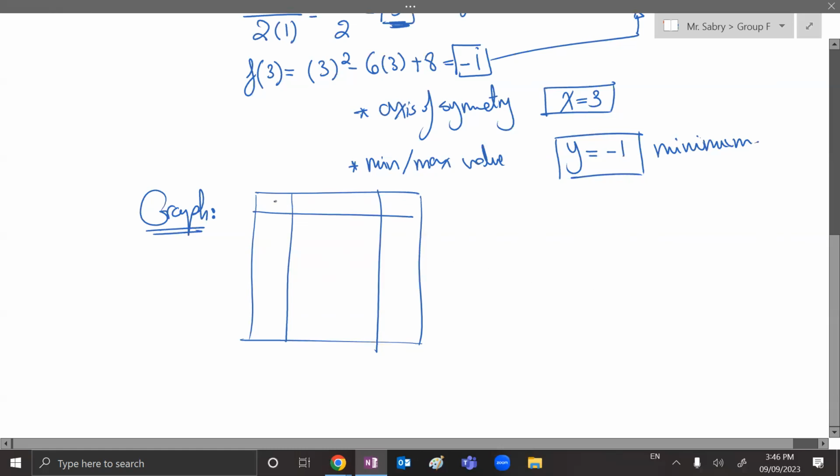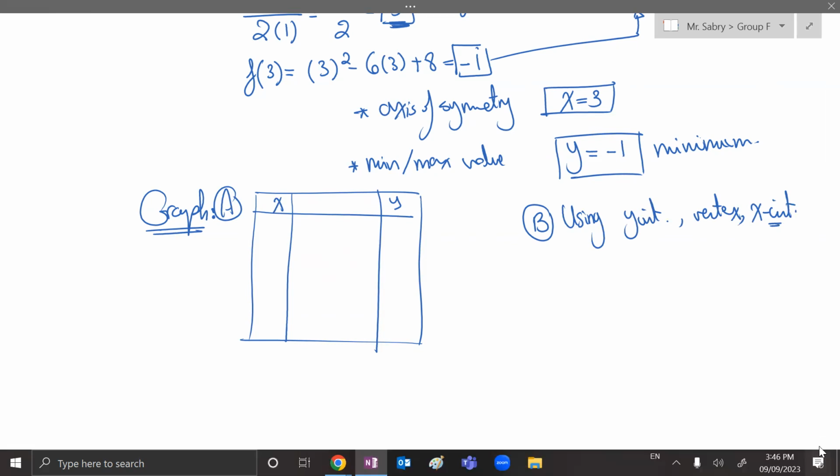So again, there are two methods. Method A is by getting 5 points. Method B is by using the y-intercept along with the vertex, along with the x-intercepts. And we haven't discussed this one yet.